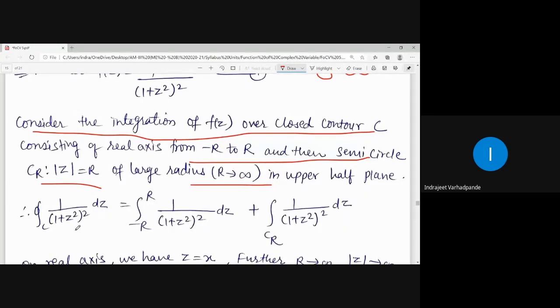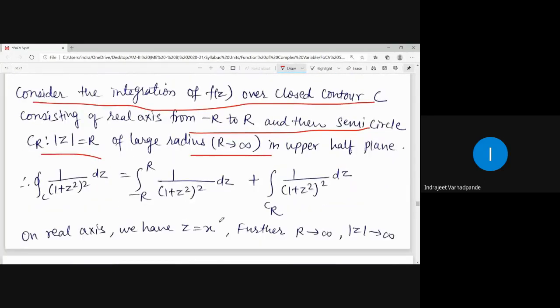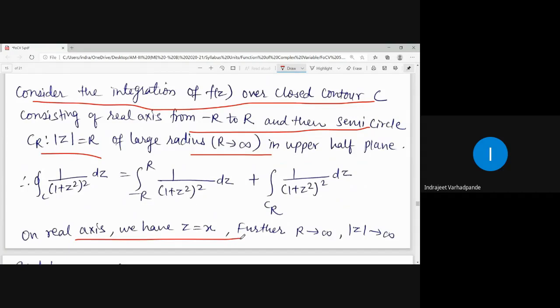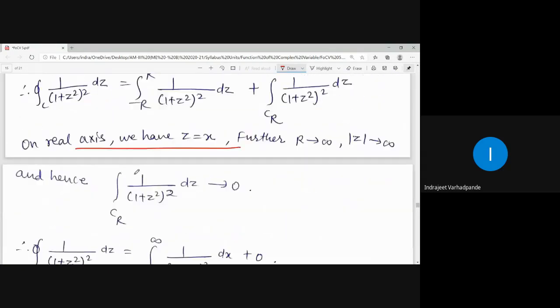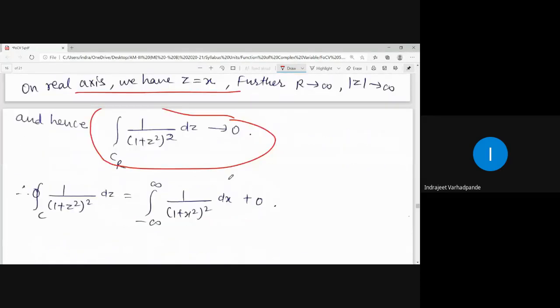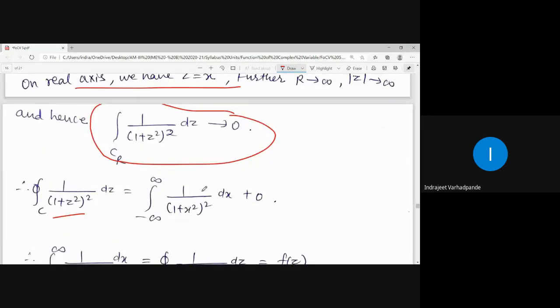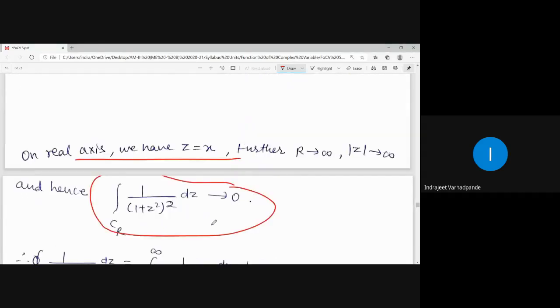Along the real axis z is equal to x, dz is equal to dx, r tending to infinity. This second integral will turn out to be 0. This question will be our original example.